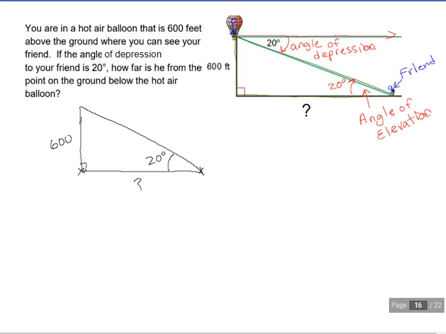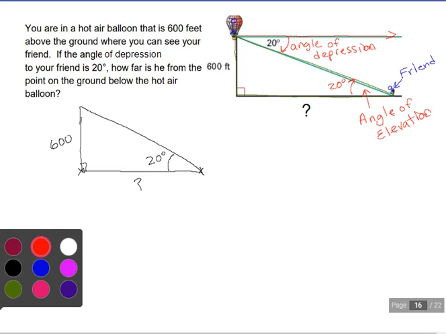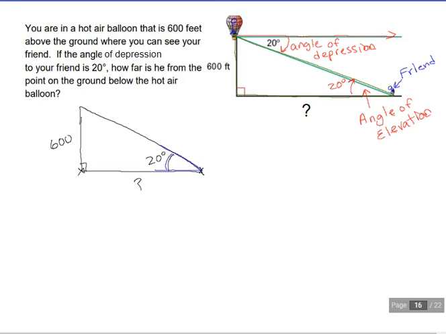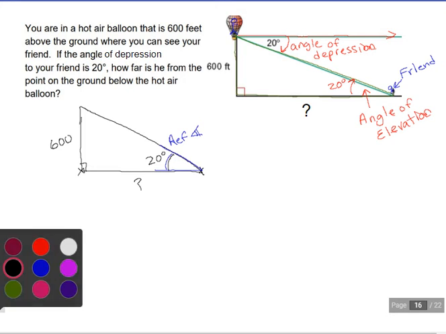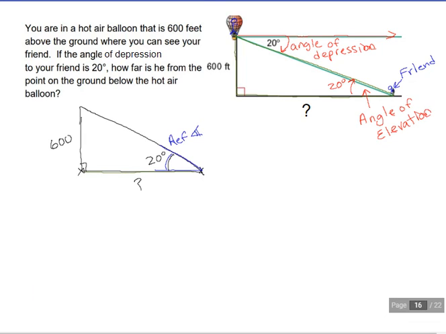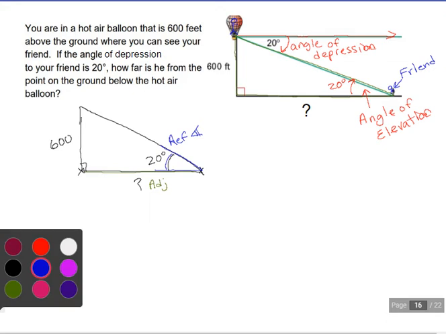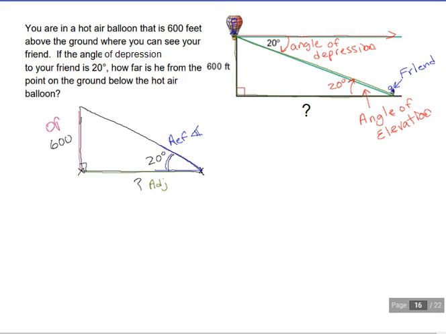Step one, choose a reference. Well, I'm going to choose this one. Okay, so this would be my reference angle. Label the side lengths. Well, I need to find the question mark, but that's going to be my adjacent. I'm given the opposite, the 600, so this is OPP, and then let's start setting our ratios.